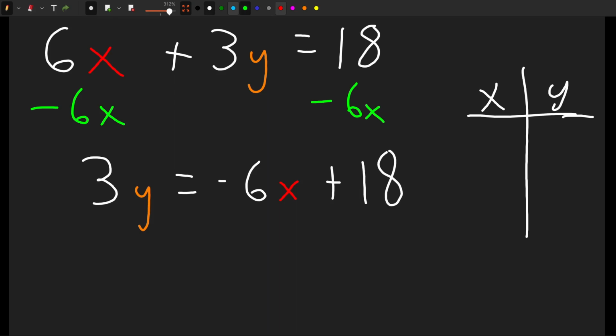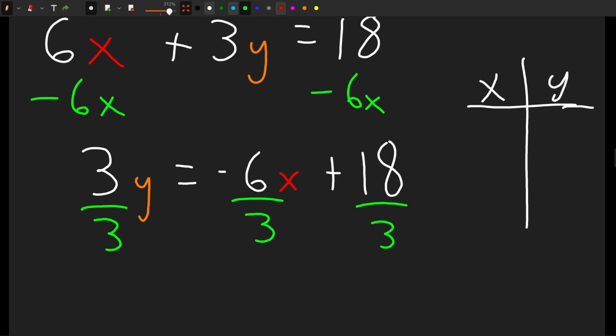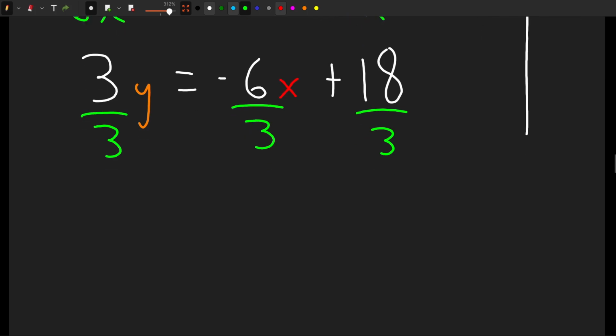And then I'm going to divide both sides by 3, or technically multiply by 1 over 3, but it doesn't really matter. So I'm going to get y is equal to negative 6 divided by 3, which is negative 2x, plus 6.